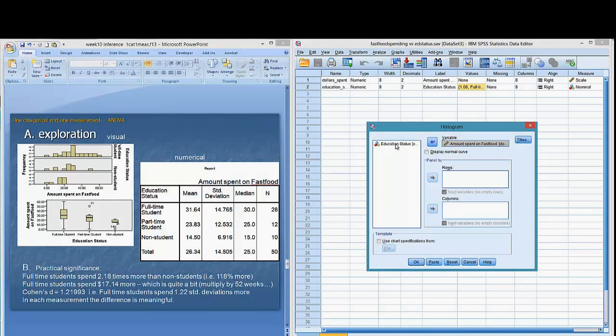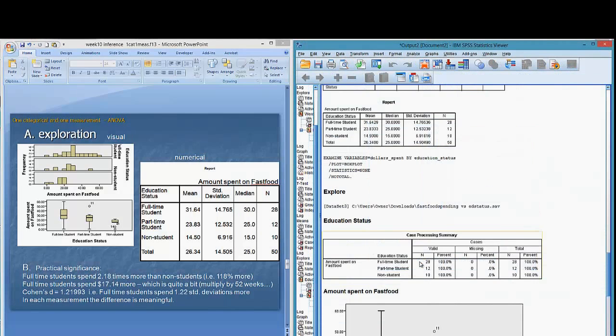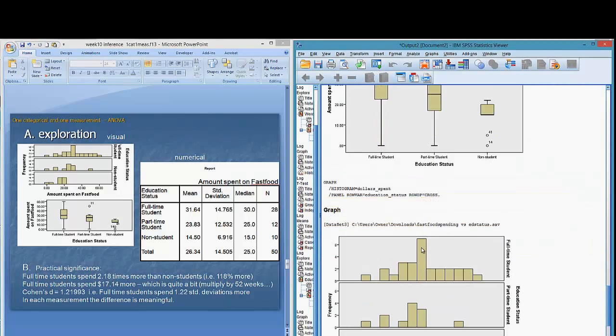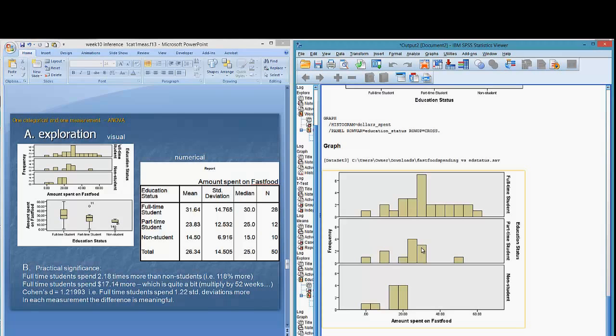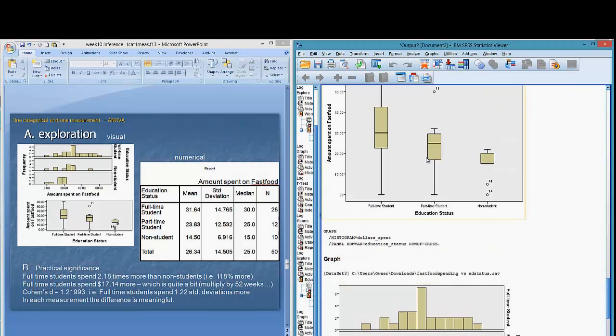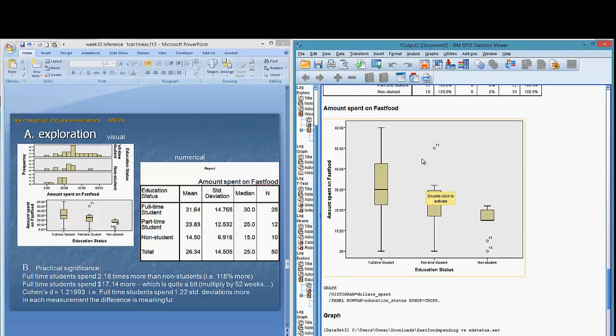Amount spent is the variable, education status goes here. Sorry, we need that for histograms. And so this is what our histogram looks like, the same one as we have here. Our box plot is here, so we can see clearly that there are differences between these groups.